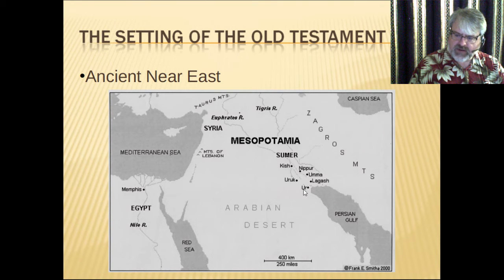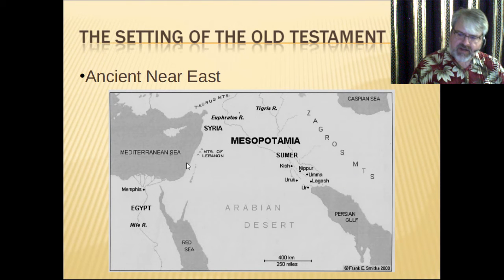Here we have where Abraham is called out of Ur. He goes through Mesopotamia, ends up in Haran, and comes back down here, and he settles. His descendants make their way to Egypt, and they come back from Egypt. They cross to the Promised Land, and then you have the time of the judges and the kings, some good, some bad, and they get deported to Babylon, and then they get taken over by Persia.